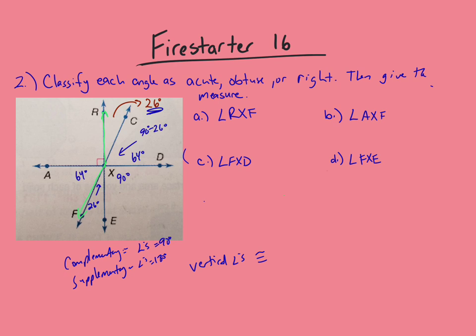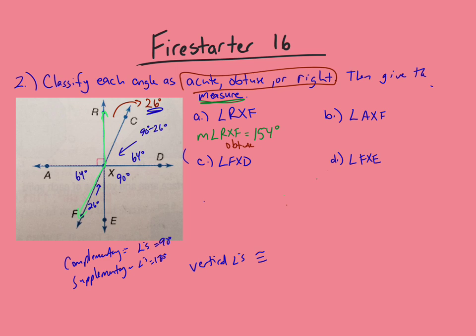So the measurement of angle RXF, I use the little m because I'm going to write a number. 90 plus 64 is 154 degrees. Now I'm going to tell you if it's acute, obtuse, or right. Obtuse is bigger than 90, so this one is obtuse.